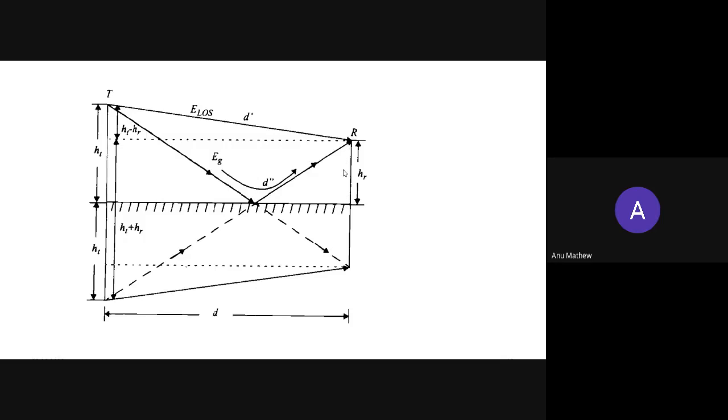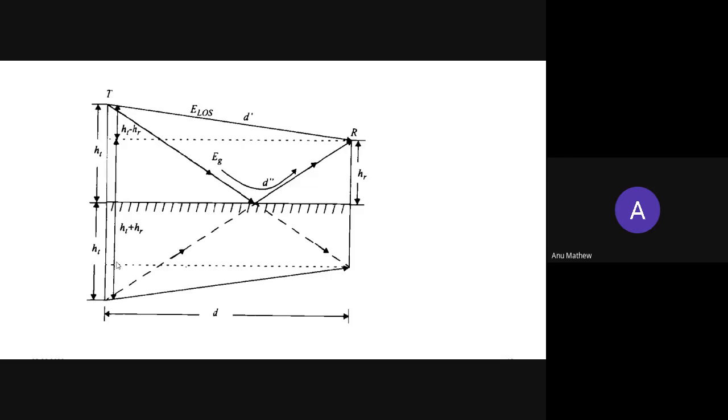So we have to find this distance D double dash. This distance and this distance should be the same, and that is why we are taking this portion in order to find D double dash.